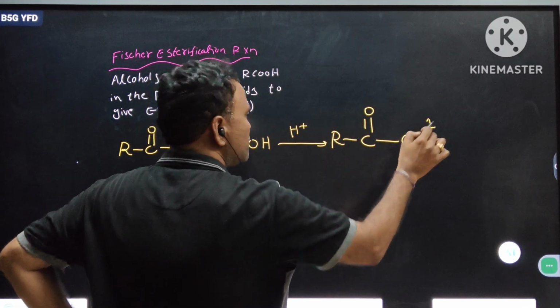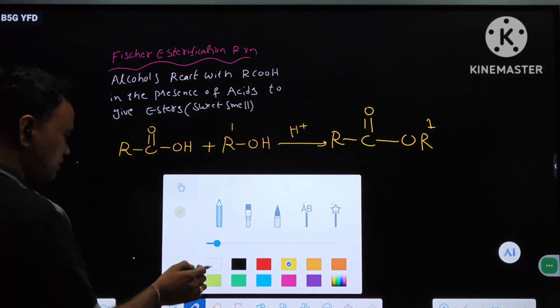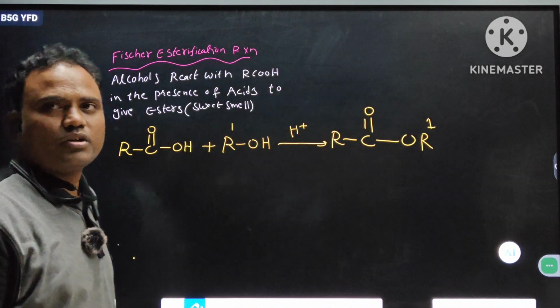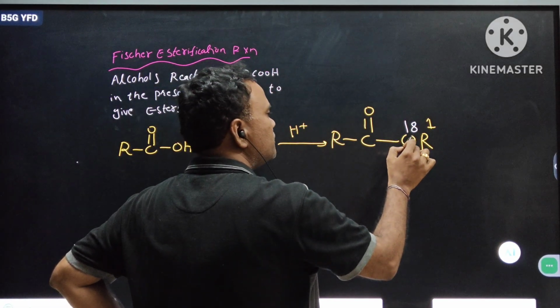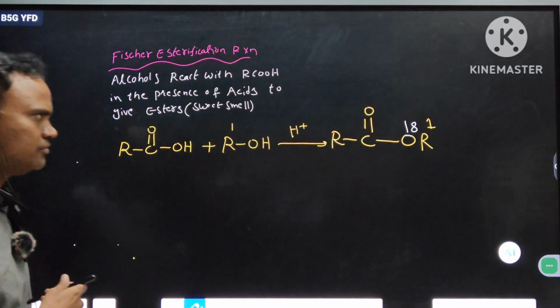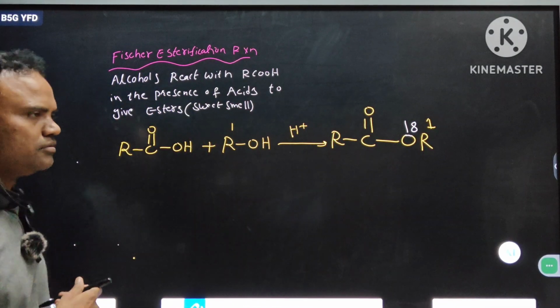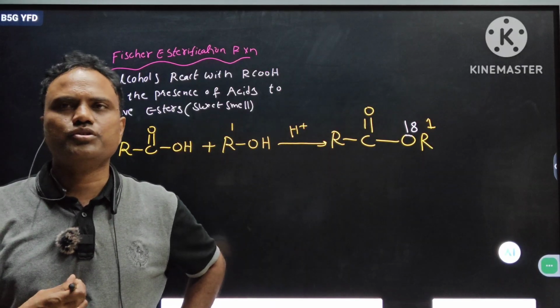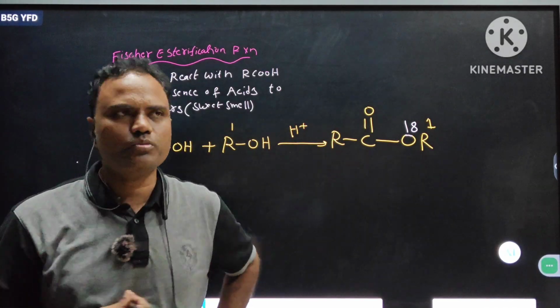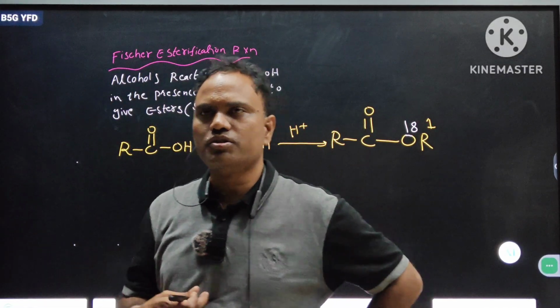I'll give you one question. Actually, you don't know this, but I'll ask you because you will remember if I ask you. I'm labeling this oxygen as O18. Oxygen isotopes: O16, O18. Isotopes, you know isotopes: hydrogen 1H1, 1H2, 1H3.